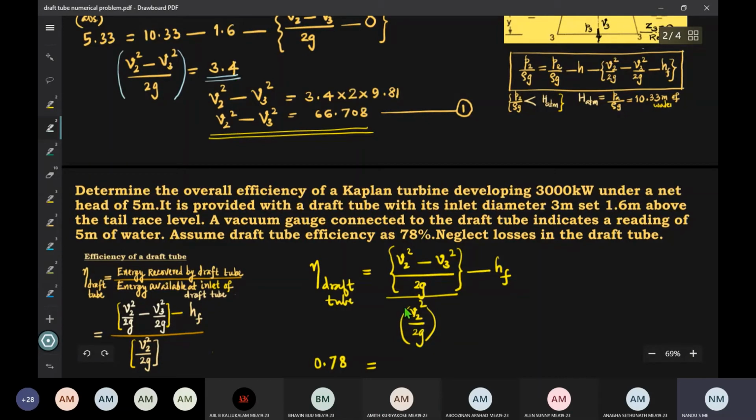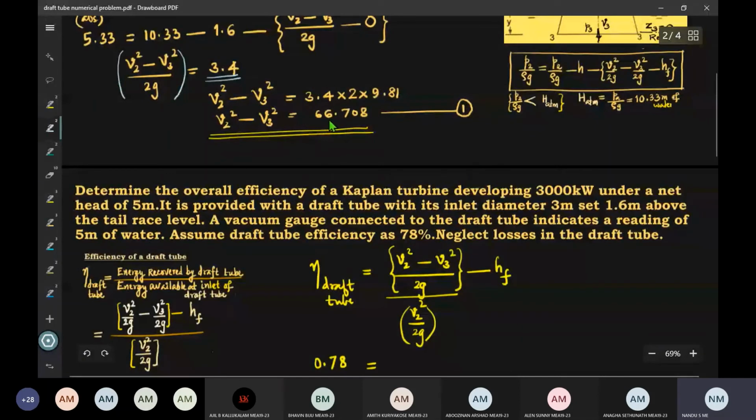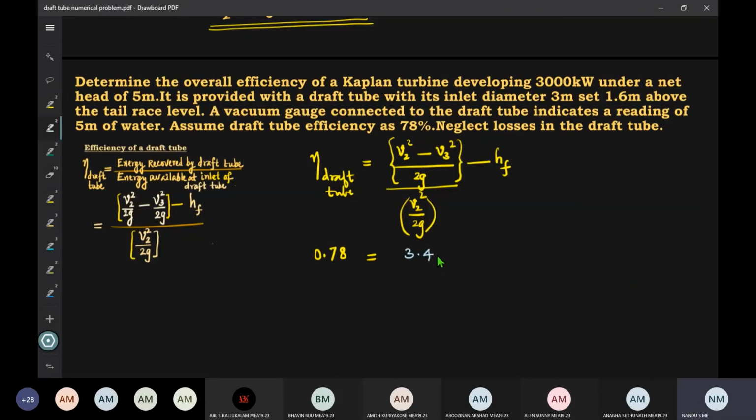That is there in the numerator. Otherwise, you substitute this 66.708 instead of V2 square minus V3 square. V2 square minus V3 square by 2G is equal to 3.4. Then minus HF part is 0. So here this part you can neglect. Okay, because you are neglecting the losses. Then divided by this V2 square by 2G in the denominator.